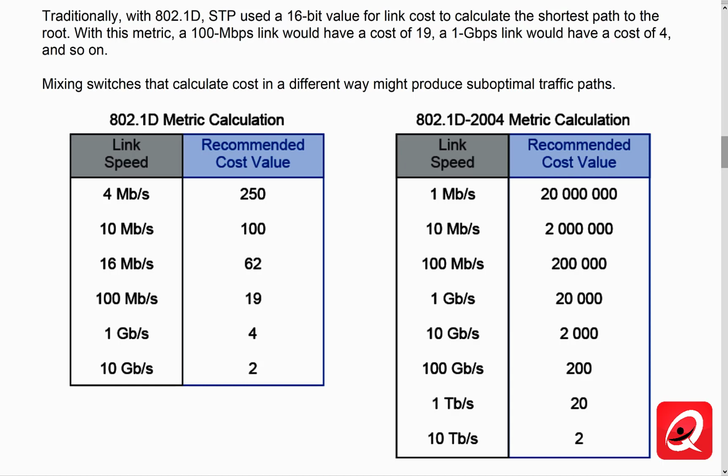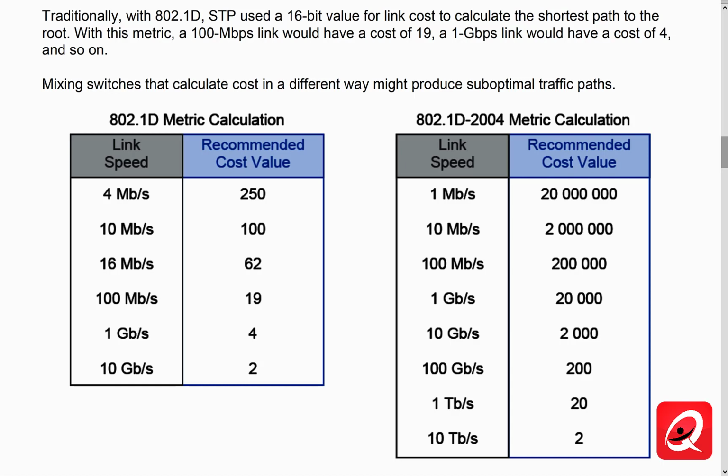Traditionally, in the 802.1d implementation of spanning tree, we used a 16-bit value to calculate the individual link path cost. This cost is utilized in the spanning tree algorithm to identify the best path to the root. The path with the overall least cost ends up becoming the best path to the root, and that particular port associated with that path on that device would end up becoming the root port for that switch.